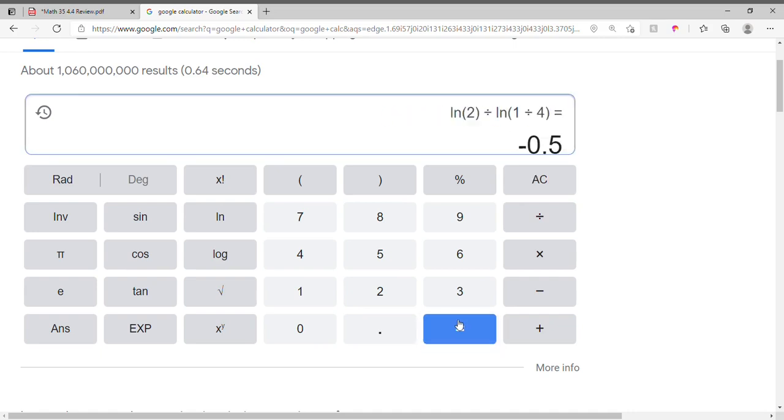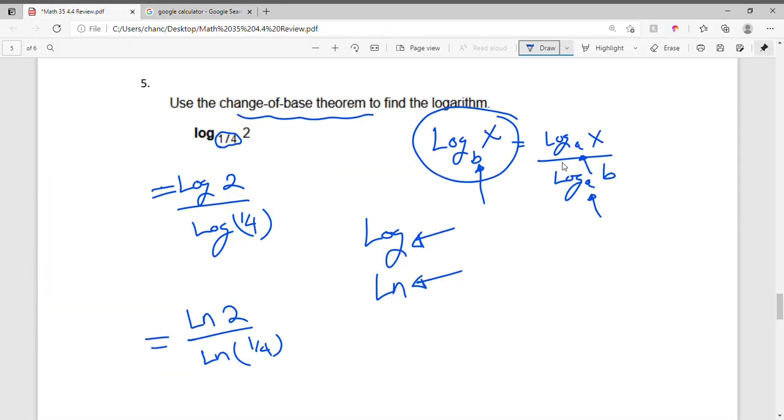Let's click enter and see our solution. It's negative 0.5. Double check with your calculator. If you use natural log or log, they're going to give you the same answer. We're using the base change formula and using any base that we want. We'll use base 10 or base e since that's what our calculator has.